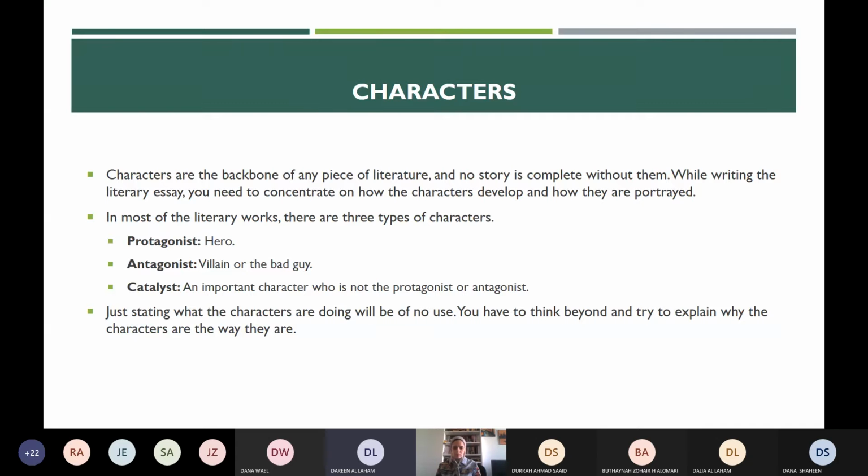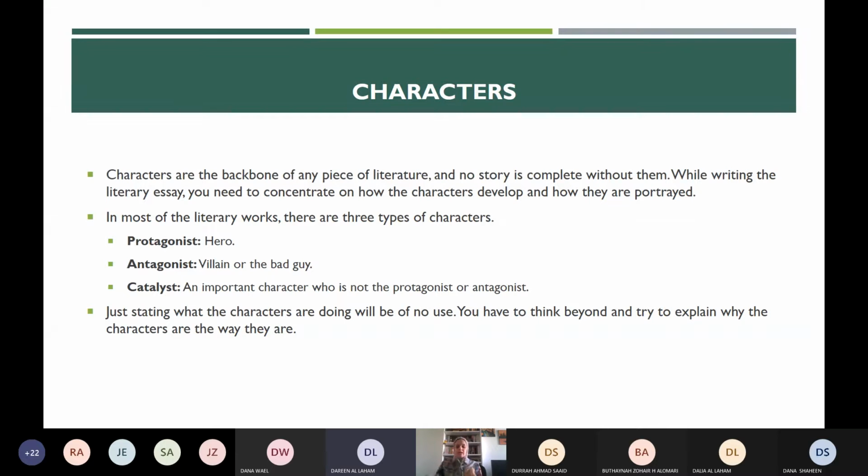In most literary works, there are three types of characters: protagonist, the hero; antagonist, the villain or the bad guy; and a catalyst, an important character who is not the protagonist or antagonist.